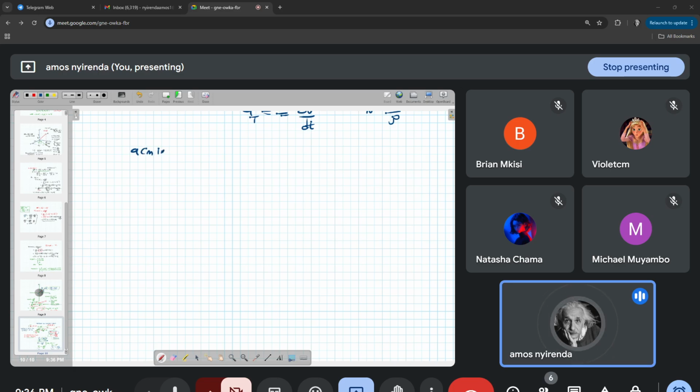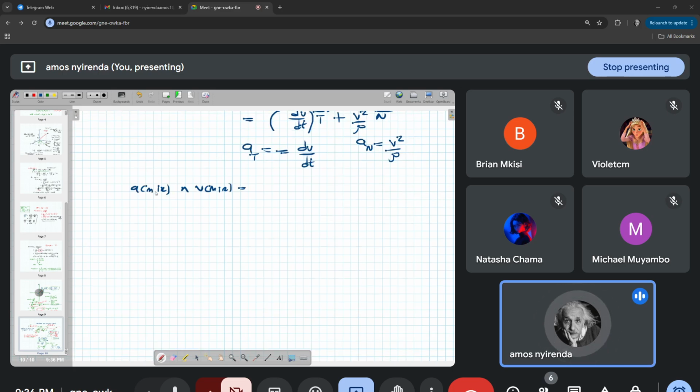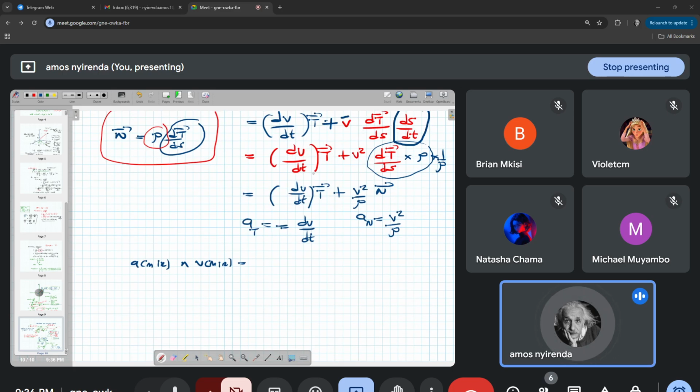So if I take the vector product between acceleration and velocity, what am I going to have? Let's look at the expression for acceleration. This is the expression for acceleration.